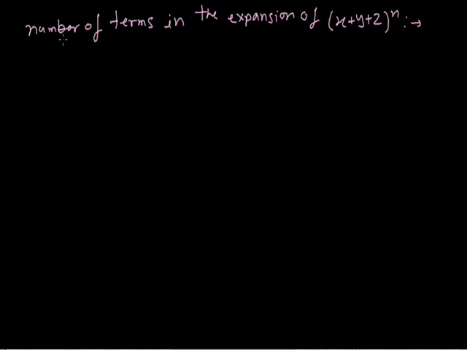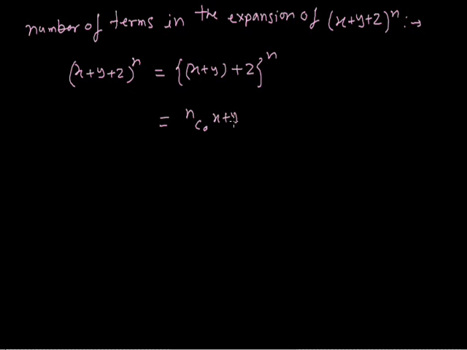So here we can write it as (x + y + z)^n, which is equal to ((x + y) + z)^n. Now, on the basis of the binomial theorem, we can expand it like that: nC0 (x + y)^n plus nC1 (x + y)^(n-1) z^1 plus up to nCn z^n.